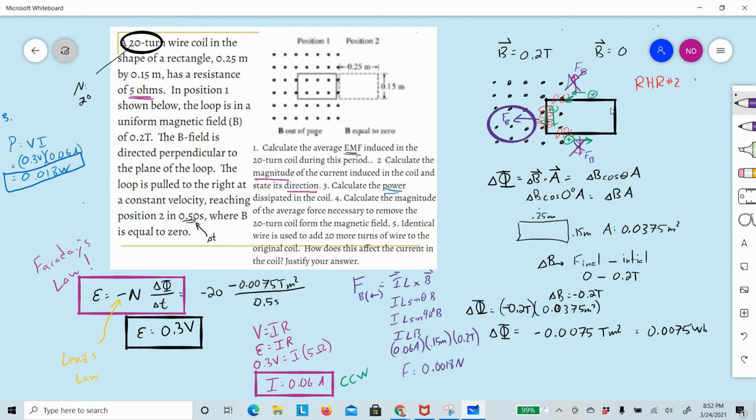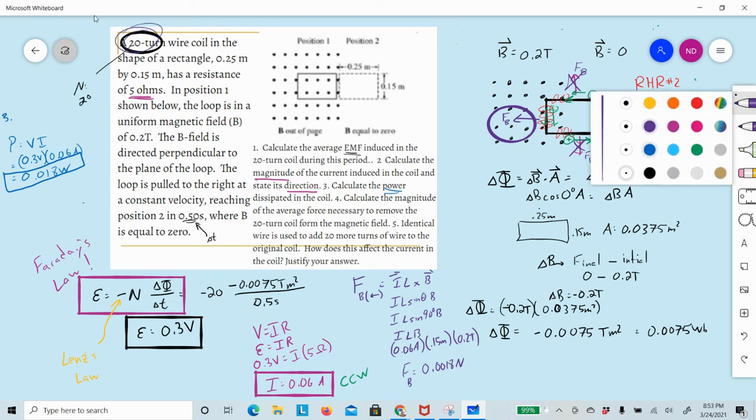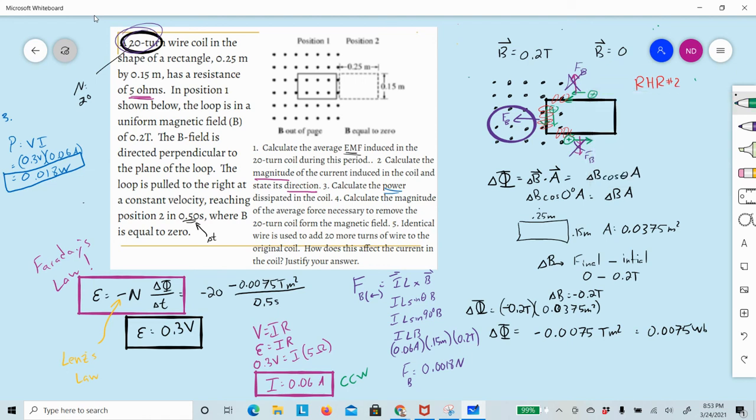But this is really, really tricky. They're going to screw you up. You can't forget the fact that there are 20 loops of these wires. Each one has this force times 20 coils.